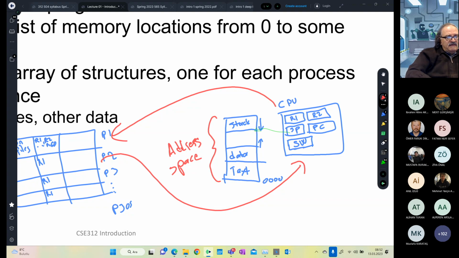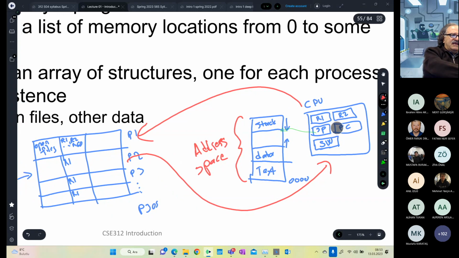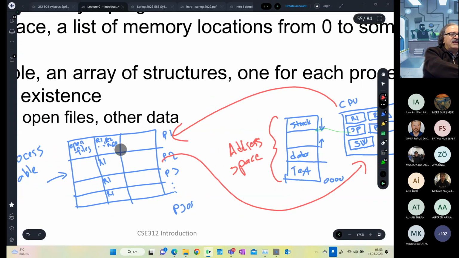But if I am running 300 processes at the same time, and I have a single CPU, what does that mean? Only one process can run, the others have to wait. When they wait, when they are blocked, where do I keep this CPU data? I keep it in this process table, okay?